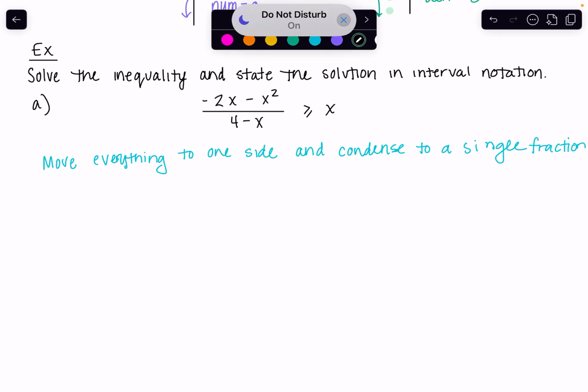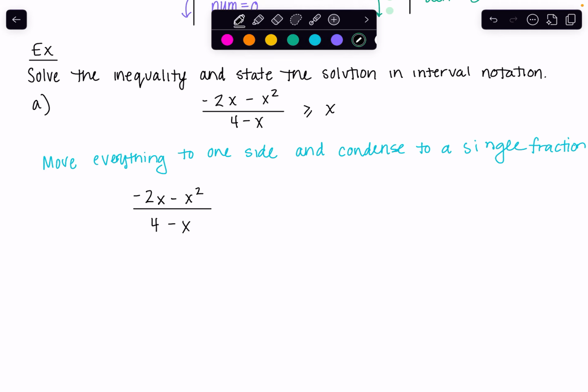All right. So we've got (negative 2x minus x squared) over (4 minus x) needs to be greater than or equal to x. So if I move that to the other side, we have to subtract this. You can put it at the end. I'm going to go ahead and put it at the beginning, though, just because I've got to condense these things. So we've got negative x plus this expression, and now we have greater than or equal to 0.